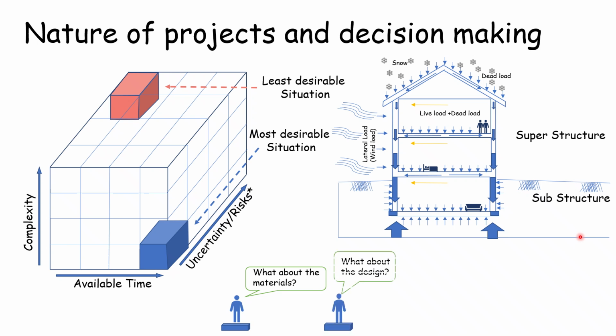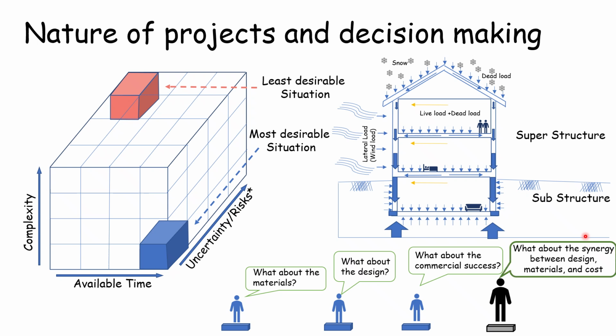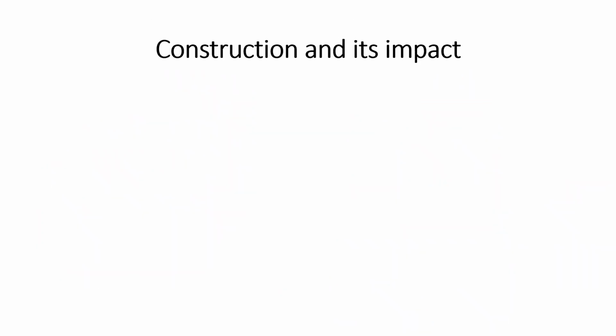What material should I use? Or maybe what design should I use? Or someone might ask, what about the commercial success? We should not ask one question or another. We should always ask about the synergy between these three: the commercial success, the design, and the material. So it's synergy about all these three things, not one or the other.